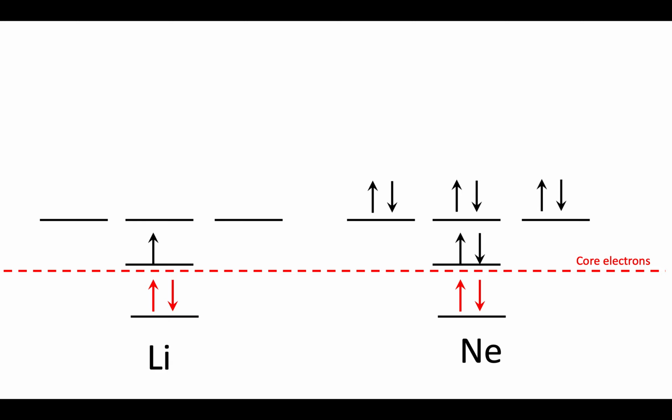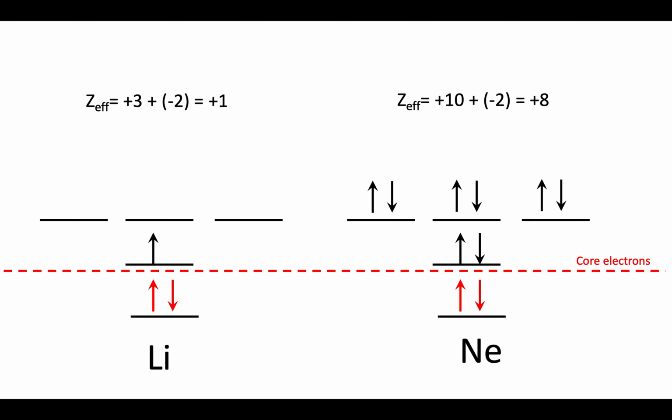Remember, both of these elements have two core electrons that correspond to the electrons in the 1s orbital. Therefore, as you add more and more protons, but keep the number of core electrons constant, the valence electrons are going to feel the pull of the nucleus more and more with each proton added. So, as we add protons and increase the Z effective across a period, the atomic radius will decrease from left to right. We see this here with lithium and neon.